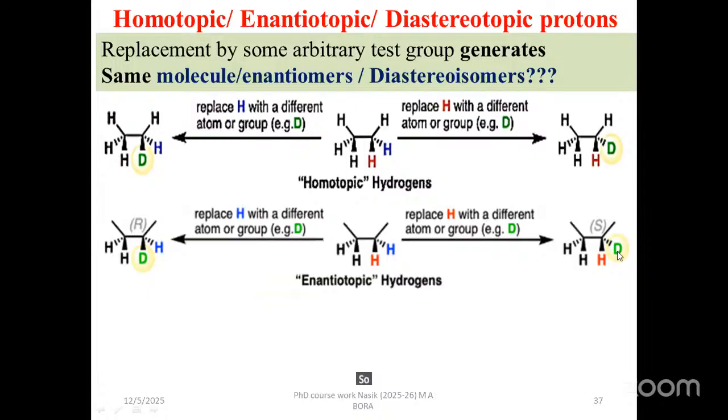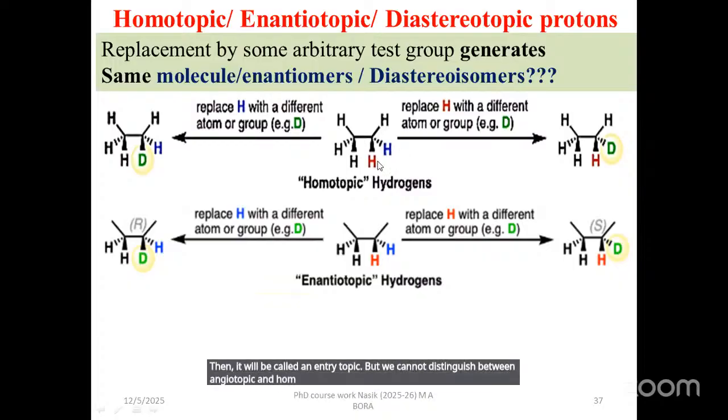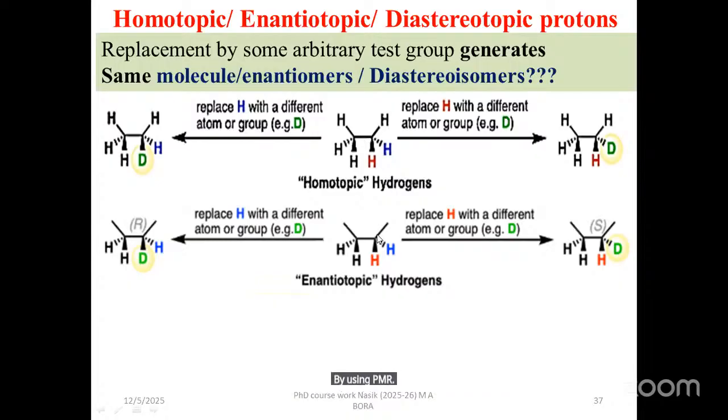These enantiomers are generated by replacement of these two protons, so these two protons are called enantiotopic protons. If you generate the same molecule, they are called homotopic. If you generate enantiomers, they are called enantiotopic protons. We cannot distinguish between enantiotopic and homotopic protons by using PMR. They will appear as a single peak in PMR, so I will not be able to distinguish.